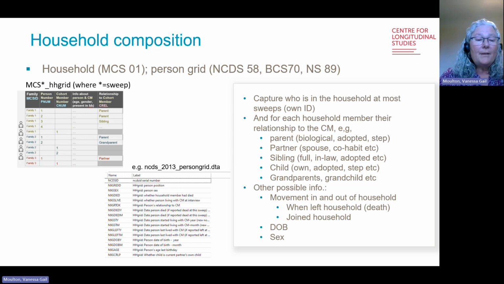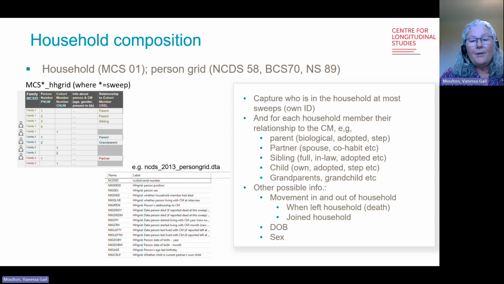In terms of partners, and this is true of the cohort member and their parents, is it the spouse? Are they cohabiting? The siblings of the cohort member, are they full, in-law, adopted? The children, are they their own children? Are they adopted? Are they stepchildren? And other members of the household, for example, grandparents, grandchild, lodgers, etc.